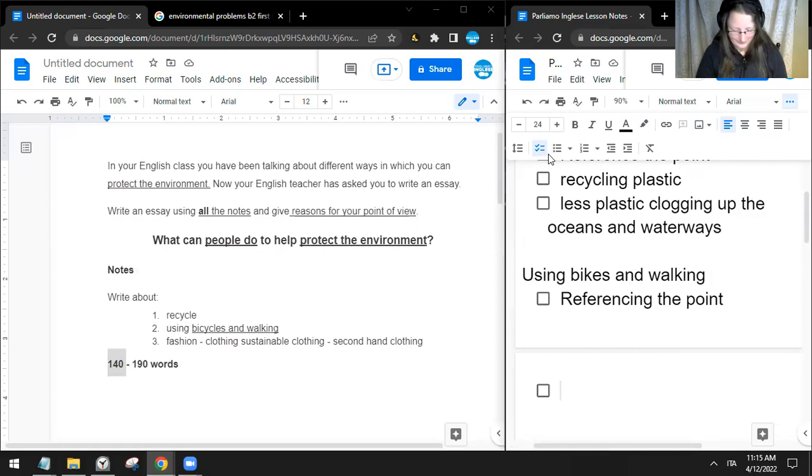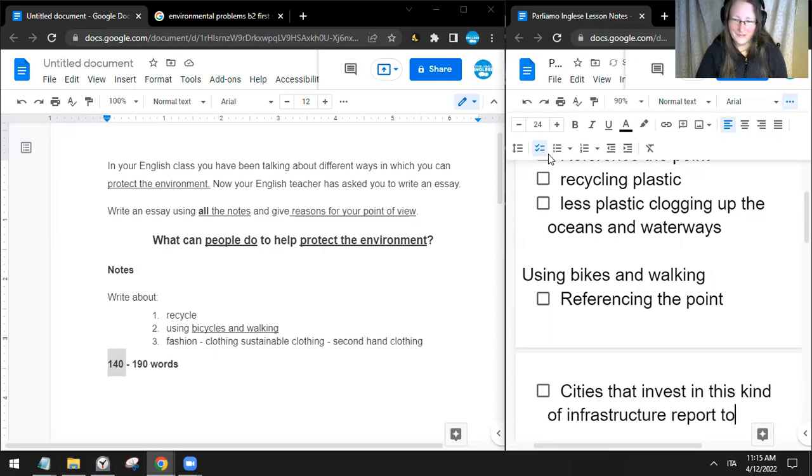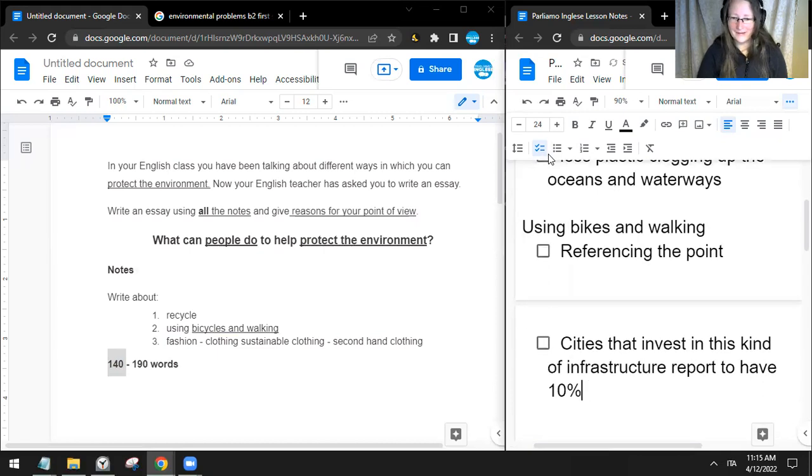Maybe cities that invest in this kind of infrastructure report, I don't know, 20% or 10, 30% less emissions than cities without. I have no idea if that's true.